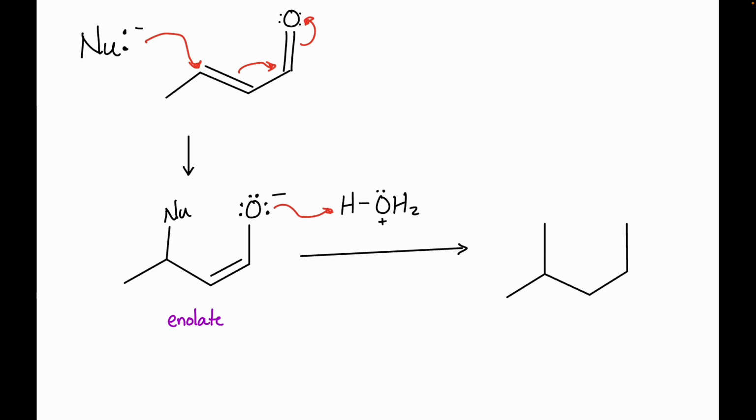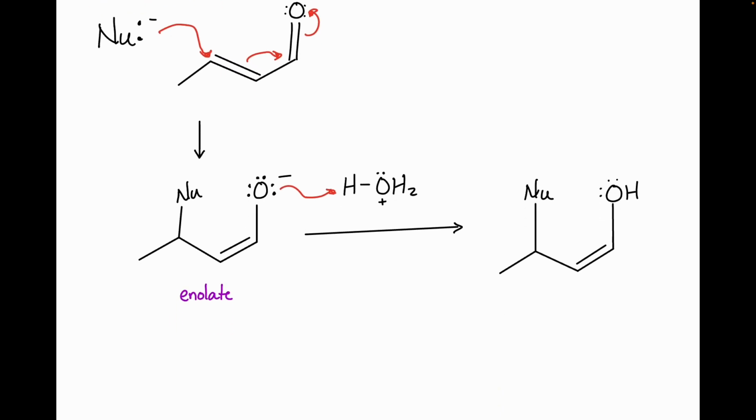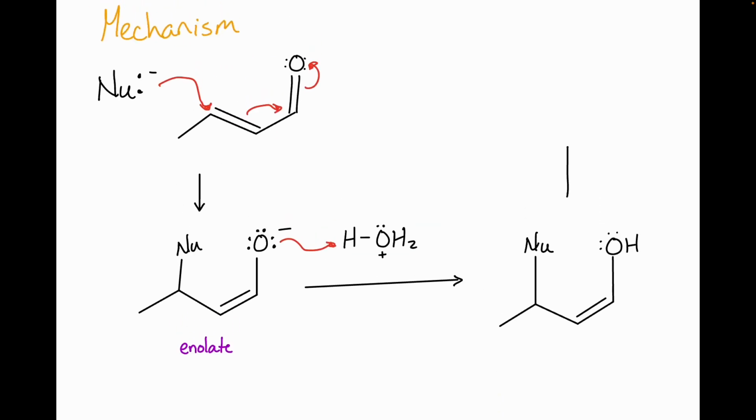And this gives us not an enolate, but an enol. Under acidic conditions this is always in equilibrium with the ketone, an equilibrium that very greatly favors the ketone, what we call a tautomerization.